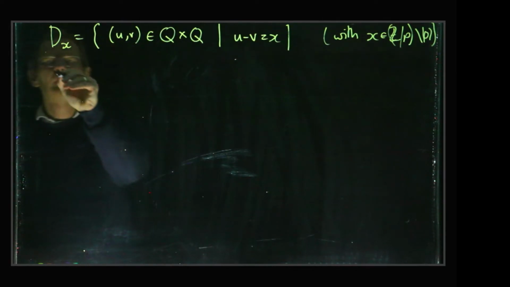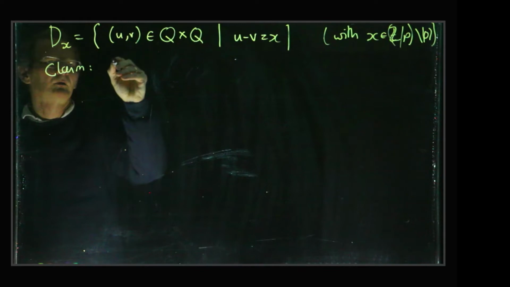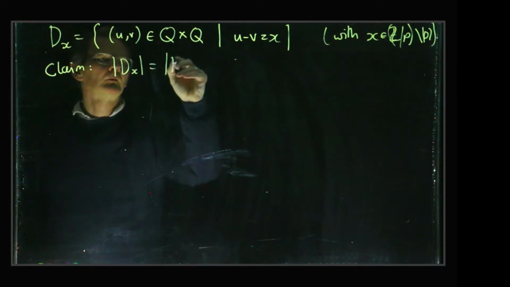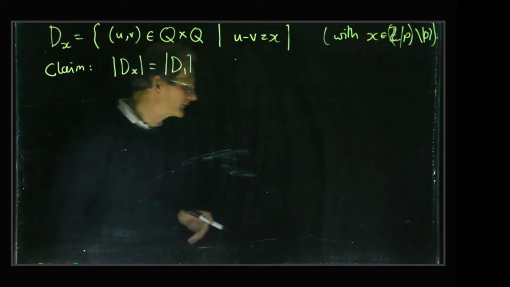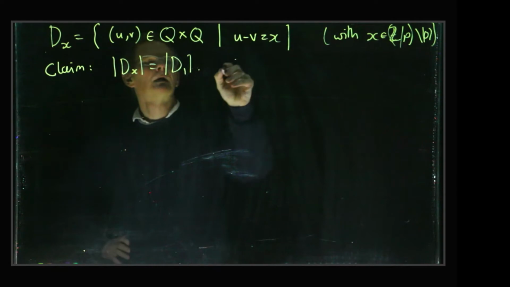And so we want to claim that they're all the same size, so in particular it's going to be the same as the size of D_1. And so there's two cases.